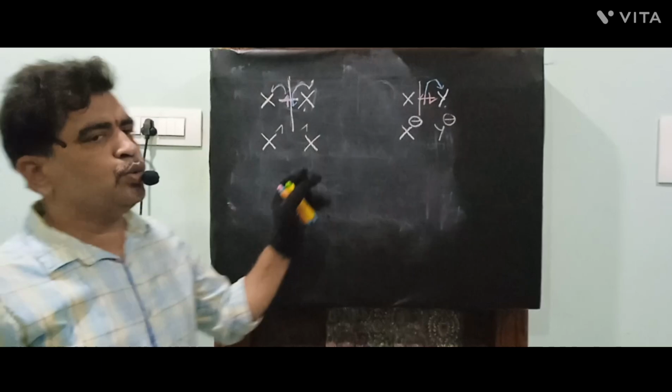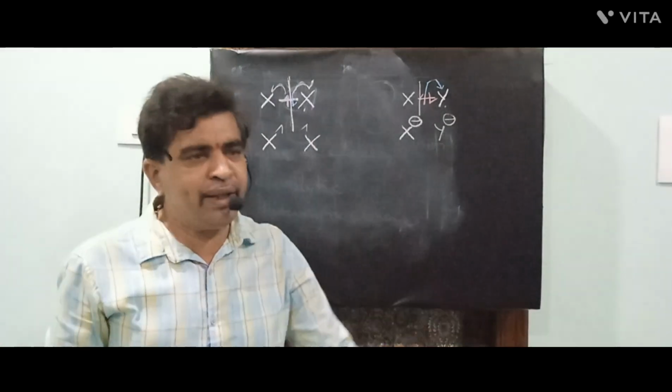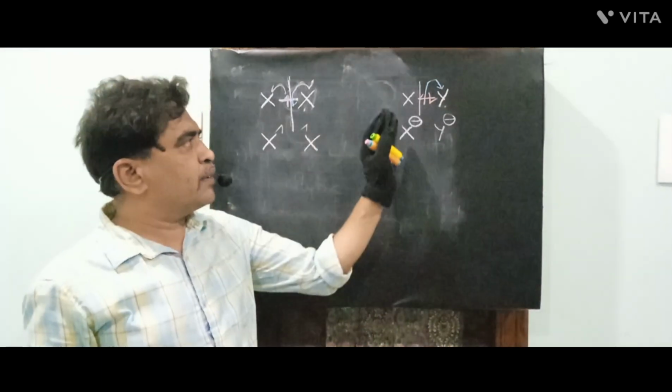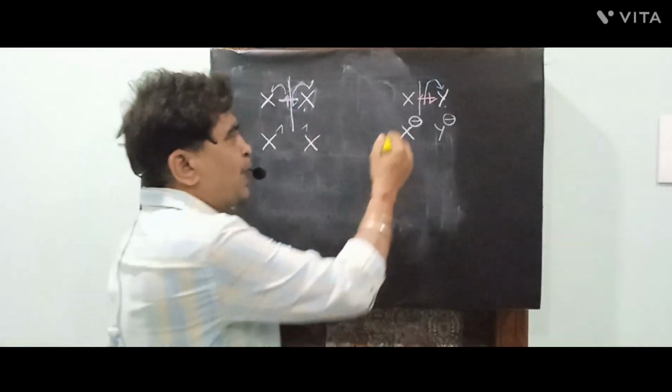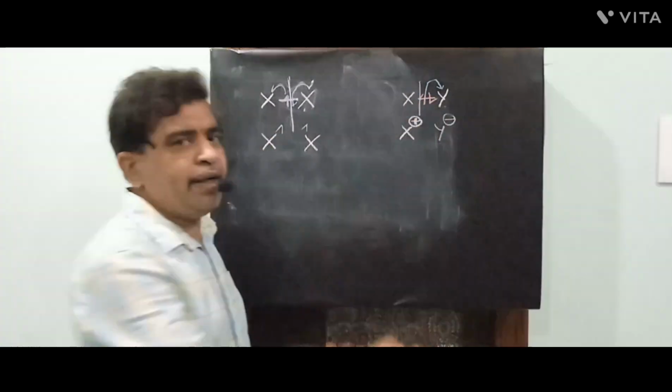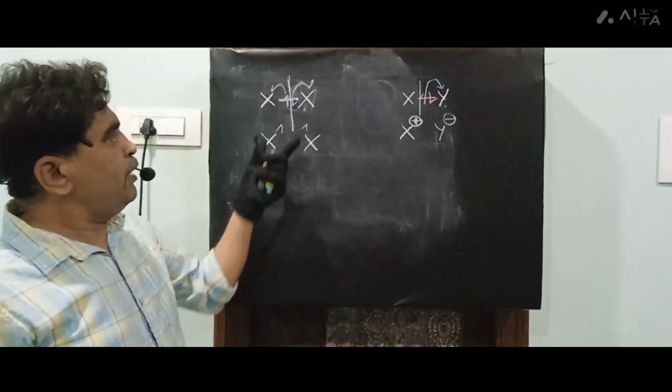It is called heterolytic cleavage because the two electrons move towards one atom and the bond is cleaved heterolytically. So X gets the positive charge and Y gets the negative charge.